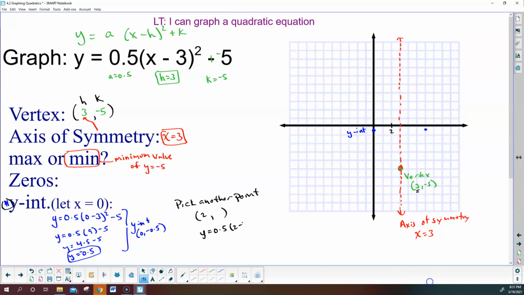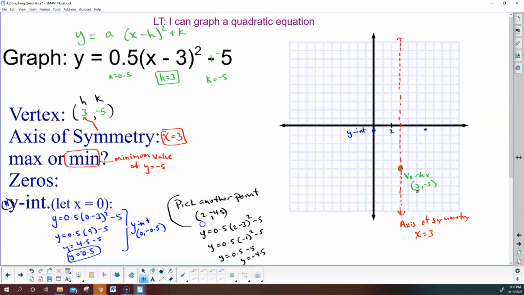I'm going to plug 2 in for x, and then we'll simplify. So I get -1 squared, which is 1. 1 times 0.5 is 0.5, and I get y equals -4.5.